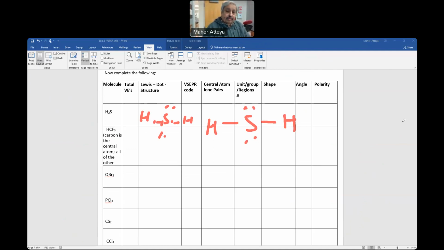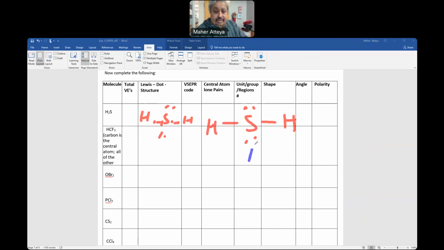So this is the Lewis dot structure, because sulfur is in group 6A, or 16, and will always be in the middle, because hydrogen is always terminal and cannot be in the middle. Let's look at the code here.